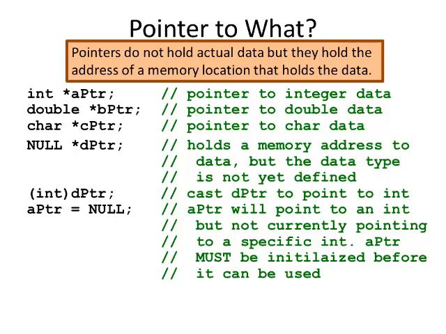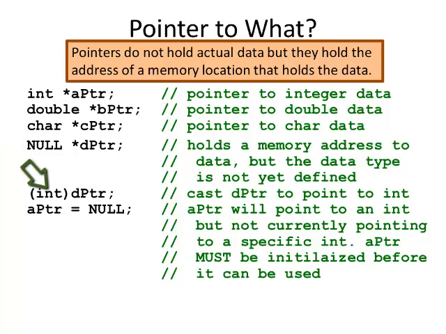What is a pointer pointing to? Here are several examples. Int star A PTR, this is pointing to an integer. Double star B PTR, pointing to a double. Char star C PTR, pointing to a character. Void star D PTR. Well, this pointer is going to hold a memory address, but I really can't use it yet because I don't know what it's pointing to.